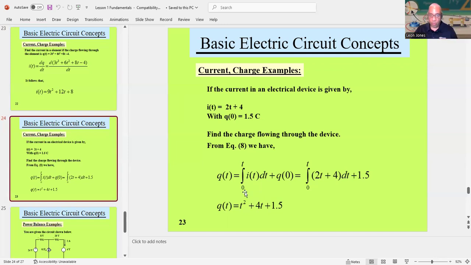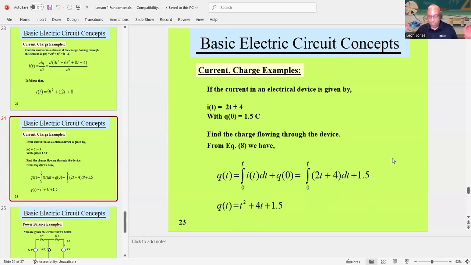What you have to do is look at all of the information that is given. So your equation is q(t) equals the integral from 0 to t, which are your limits of integration, of i(t) dt plus q(0). We already have everything given, so you set everything up. You plug in 2t plus 4 for i(t), and for q(0) we plug in 1.5.